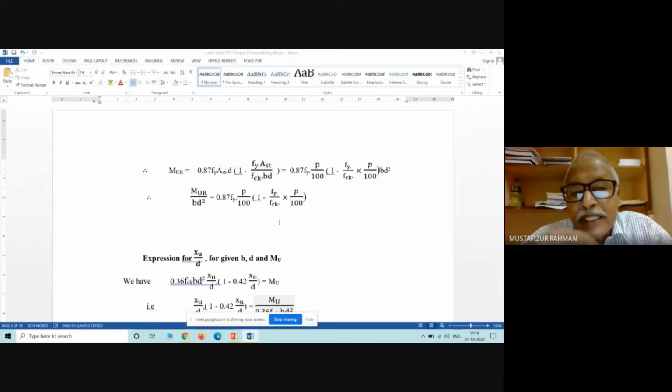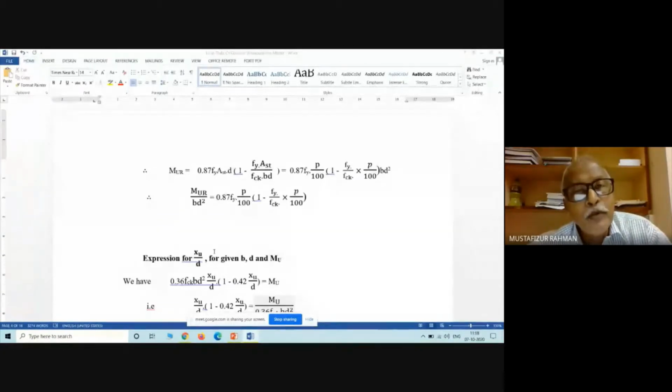Now out of this, MUR is known to us. If MUR is known to us, then b and d are also known to us. Why? When we are calculating, MUR is equal to MU. MU is the factored bending moment, and MUR is the factored moment of resistance.